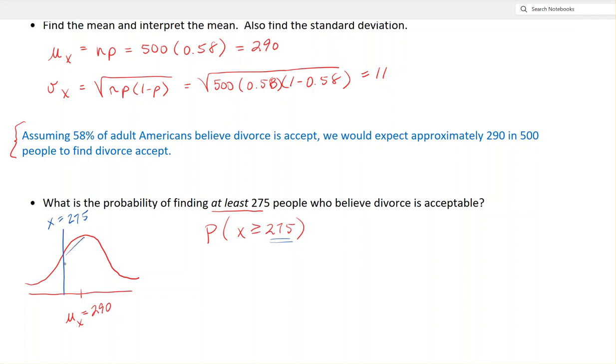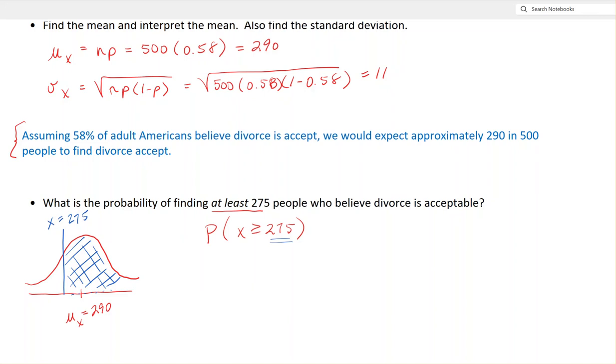So I'm interested in all of these people that are to the right of 275. Now, what the calculator is going to tell me is how much of this area is shaded. What's the area under that curve?